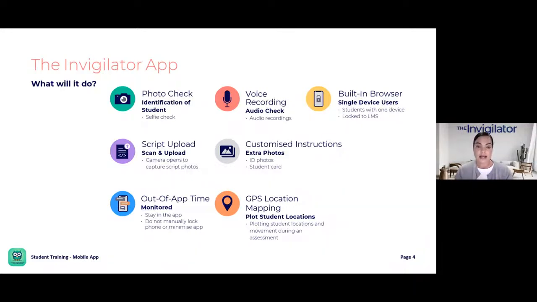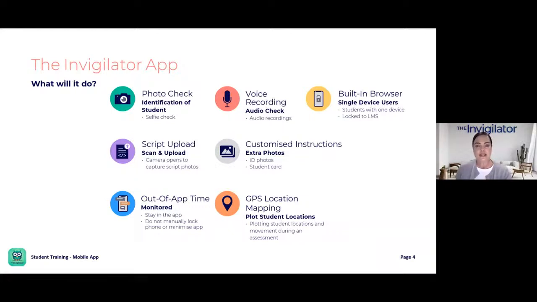There is one exception, and that is if you need to reach out to our help desk because you are experiencing technical difficulties. And of course, there's a way for us then to check that. So if your out-of-app time does not correspond with the time that you reached out to our help desk, again, that would be a transgression because it means that you were using your phone for something else.